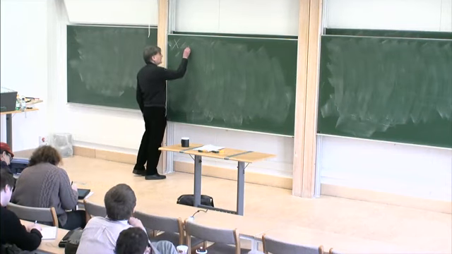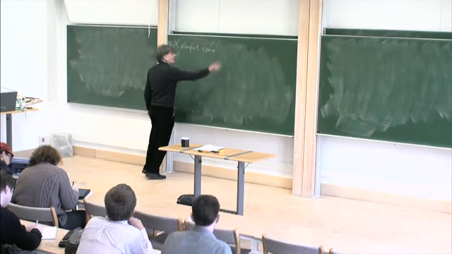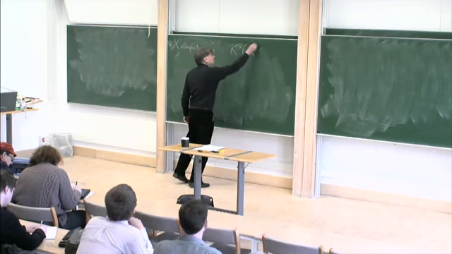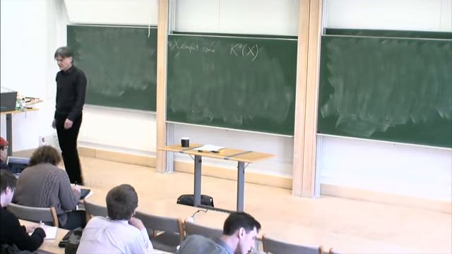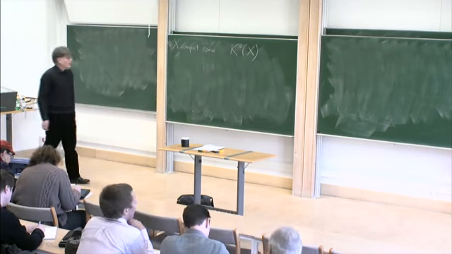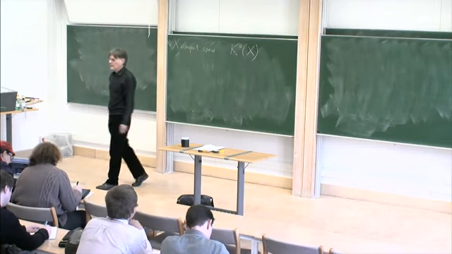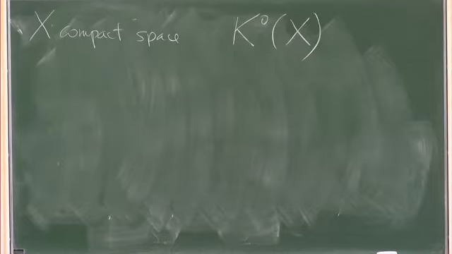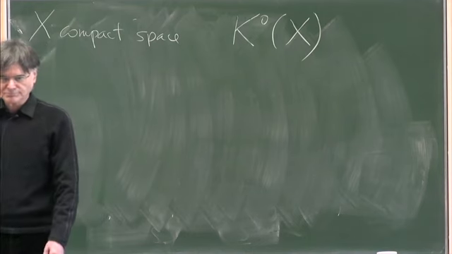They started off with a compact space, and they defined a group K naught of X made out of the finite dimensional complex vector bundles on X. So you take the isomorphism classes of complex vector bundles, they form a semigroup under direct sum. You formally adjoin negative elements, and that gives you an abelian group K naught of X.